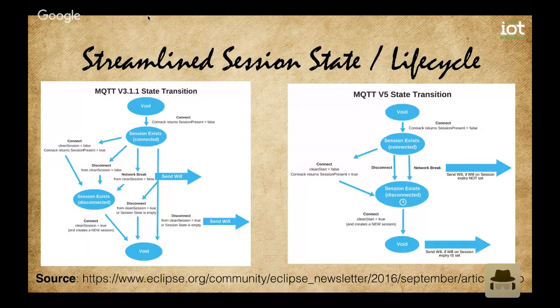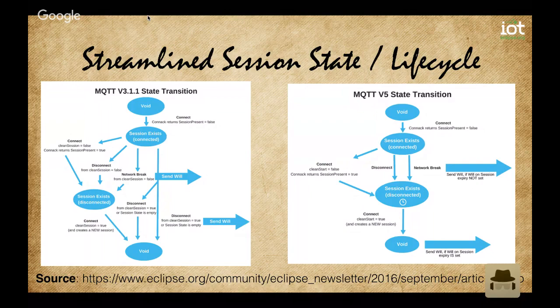What is also streamlined is the session state or the life cycle. You don't need to understand this slide in all details. It's actually from the Eclipse community newsletter from September 2016. The link is at the bottom. What you can see here is on the left MQTT 3.1, and on the right side MQTT version 5.